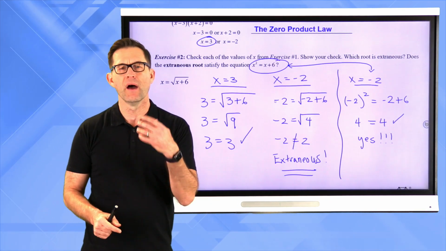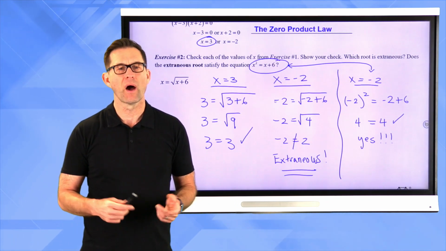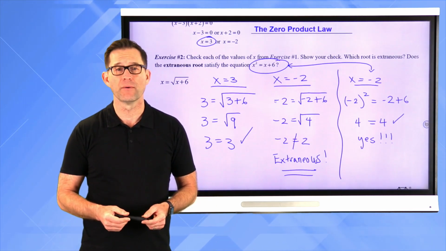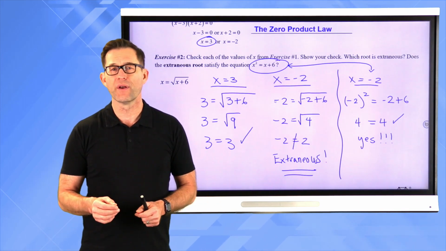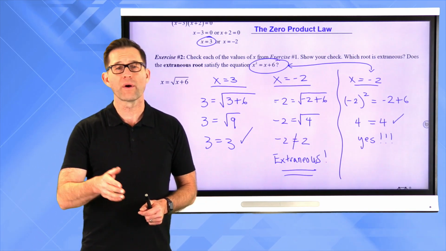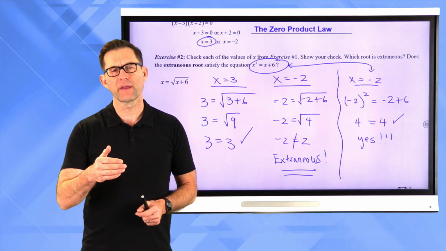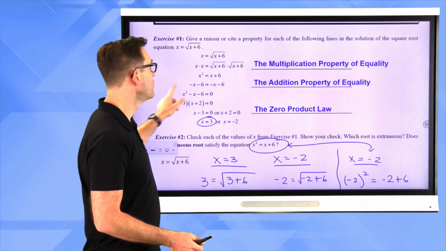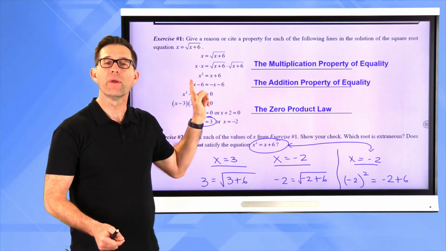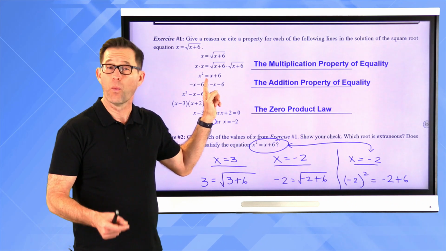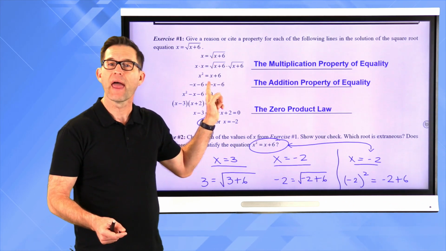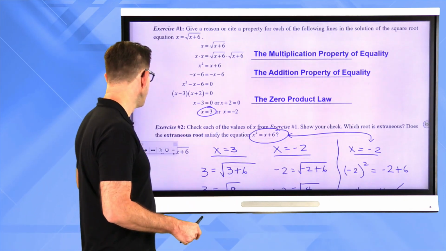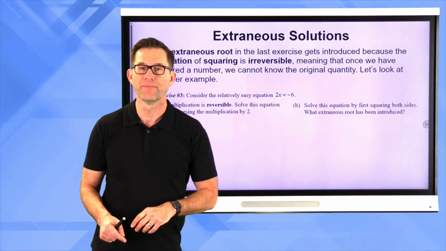If I said to you, hey, I'm thinking about a number in my head, I square it, and the result is 16. What number was I thinking about? Well, you wouldn't know whether the number was 4 or negative 4. Squaring is irreversible. So once we square something, like we do right here in this step, we produce an equation that's got one solution that does solve this and one solution that doesn't. All right, let's explore that a little bit more in an additional problem.